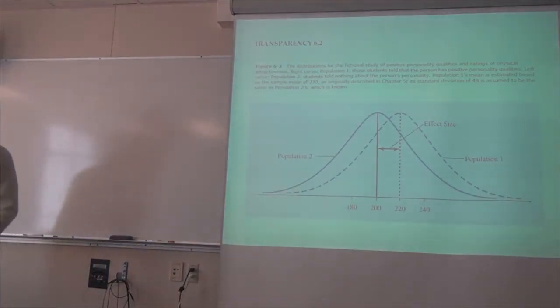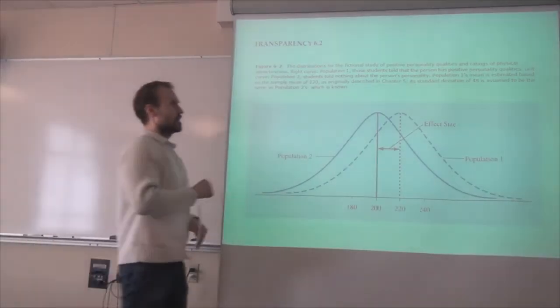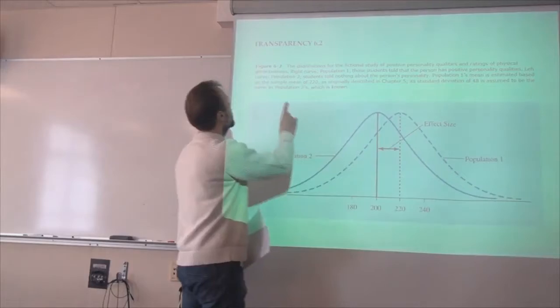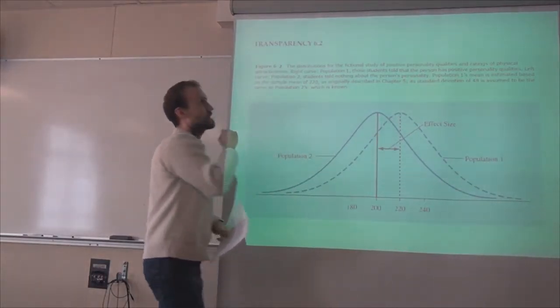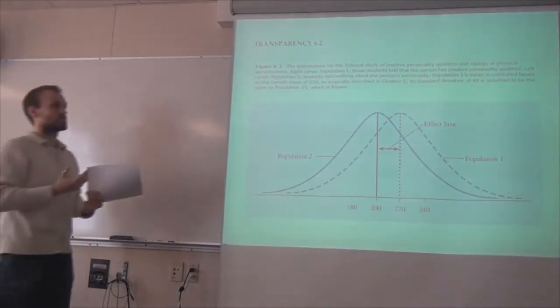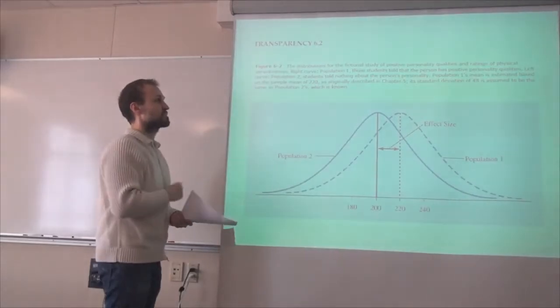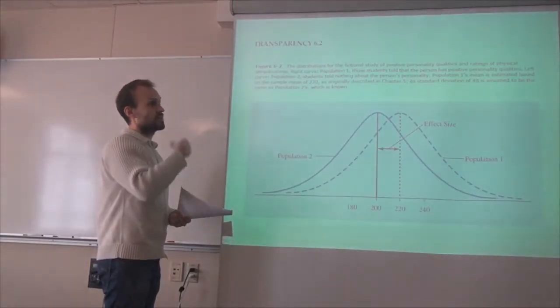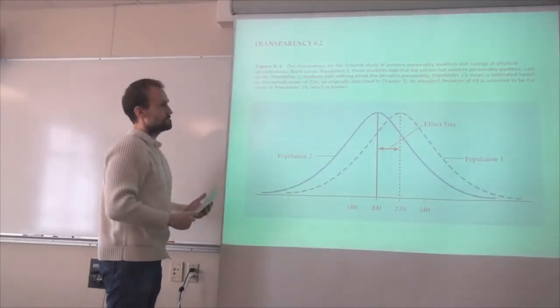The effect size has a very simple calculation. If I look at my attractiveness example, I had my population 2 that didn't know anything about the person, population 1 was told something about the positive aspects of the person's personality, and then we looked at how they rated their attractiveness.